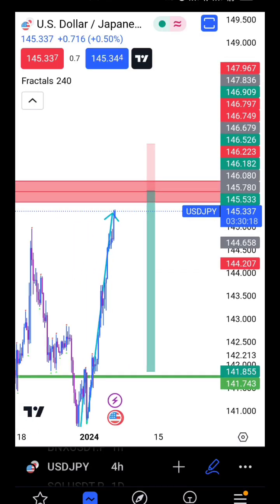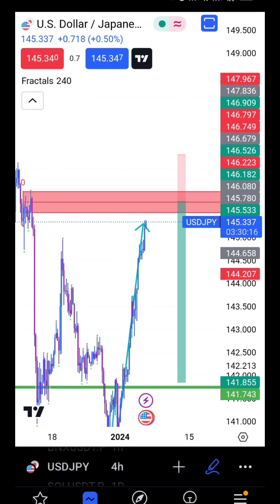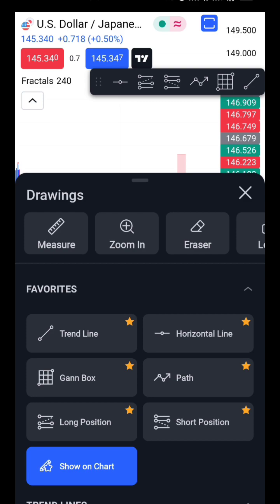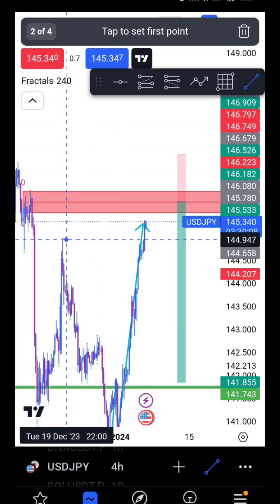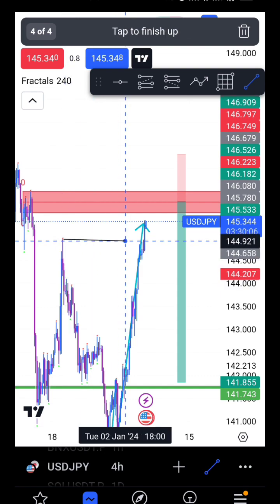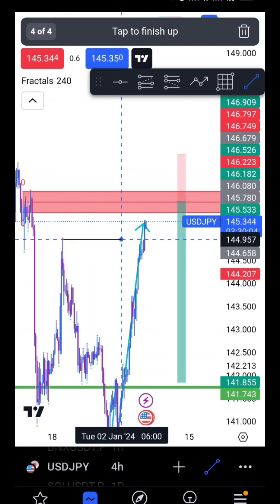Okay, so we did our analysis very well. We could see there's a downtrend here, and looking at the charts, we could see our inducement right here. So we marked it out.